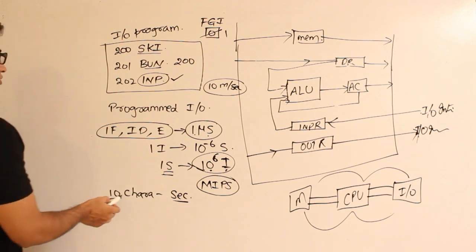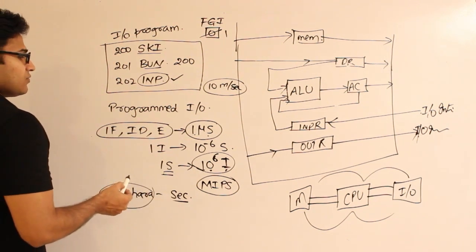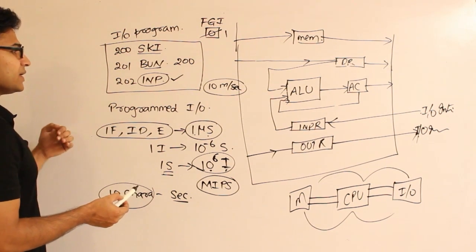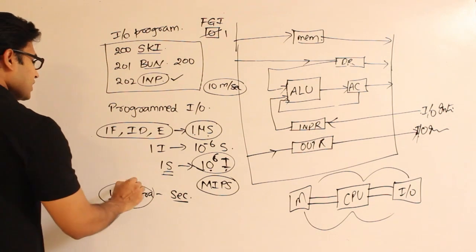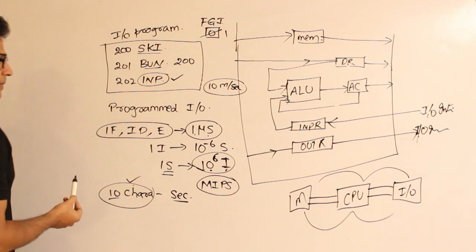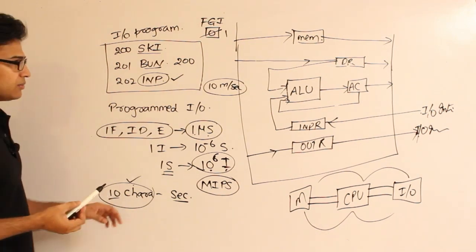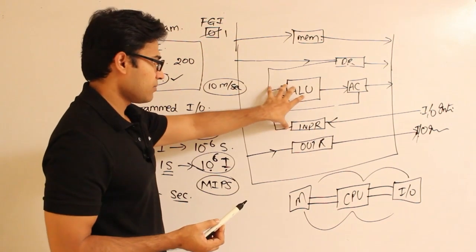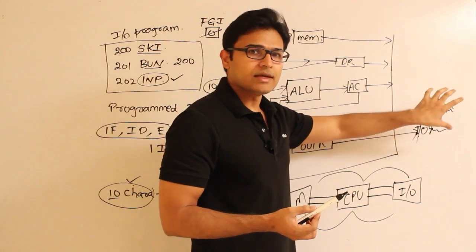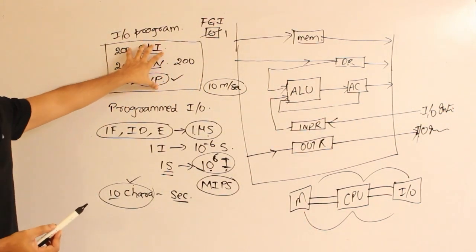So input is only 10 characters per second. In a time in which I could have executed 1 million instructions, or read 1 million characters, I am just reading 10 characters because the IO devices are very slow. That is the case with most of the devices. Our CPU is extremely fast, it has the capacity to do the work very fast, but our devices are very slow. In such cases, writing this program is obviously a disadvantage.